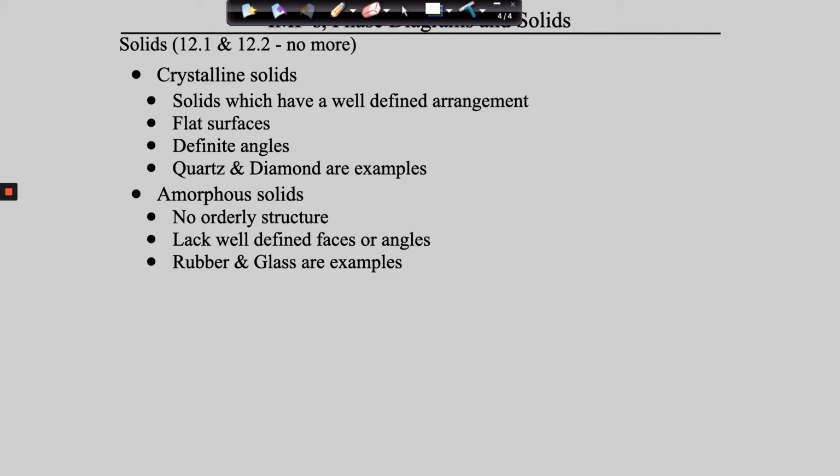But guys, what about this? Pencil erasers. Crystalline? No, it's a completely different type of solid. It is an amorphous solid. So guys, what does the prefix A mean? Without, and morph means shape. So there's another type of solid called an amorphous solid, and guys, they do not have orderly crystalline structures.